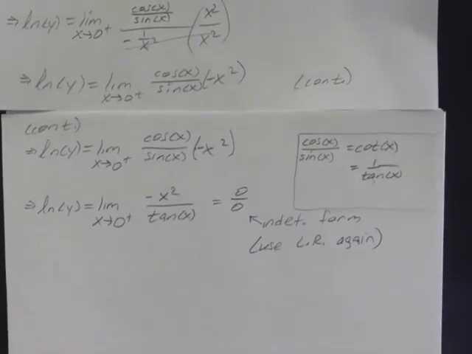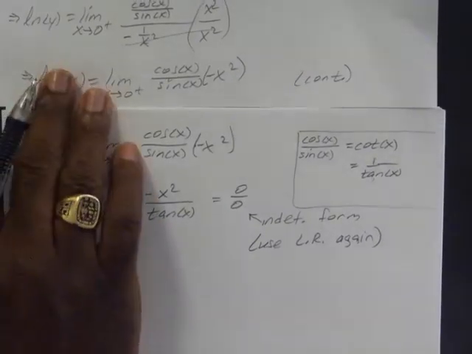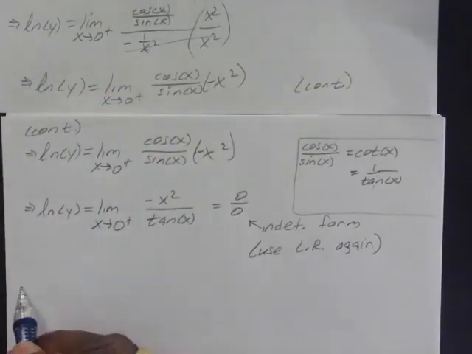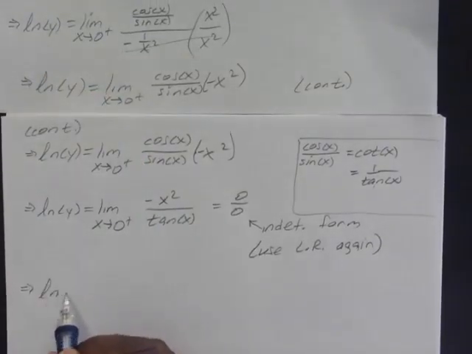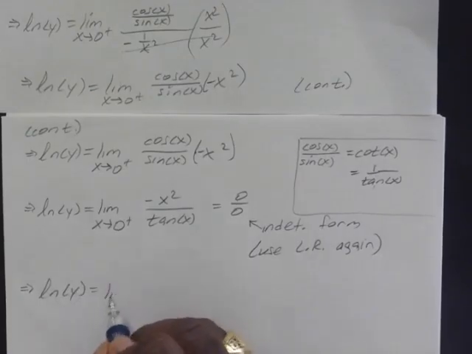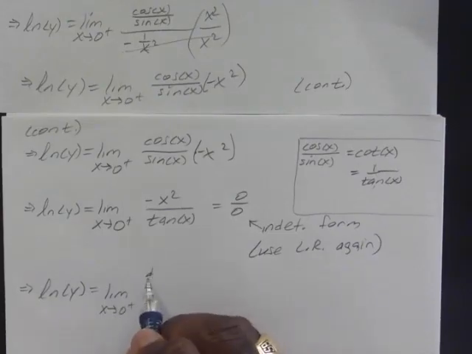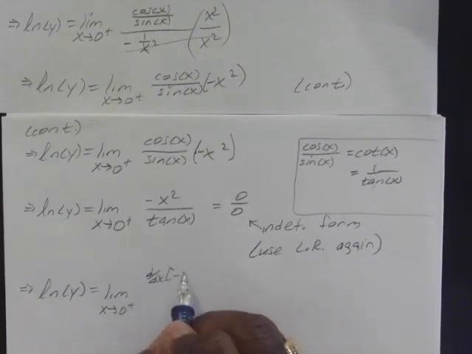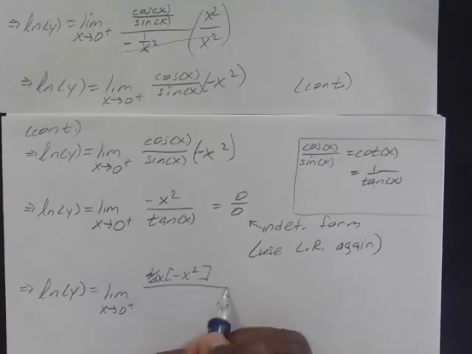Move that up a little bit. There we go. So that means our natural log of y is equal to the limit as x approaches 0 from the right of the derivative of negative x squared divided by the derivative of tangent of x.